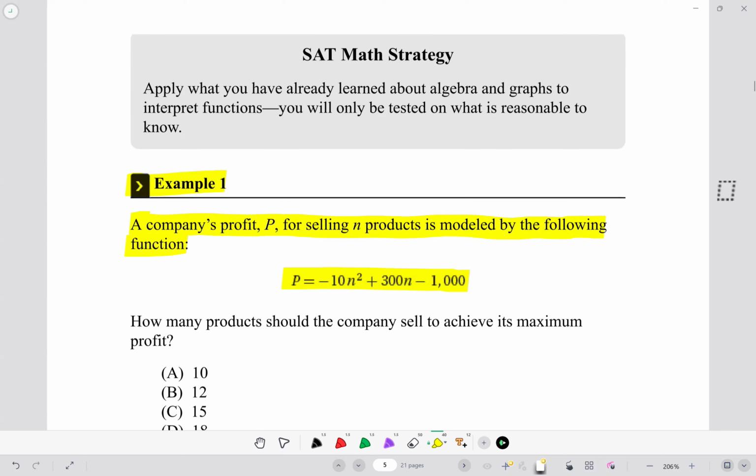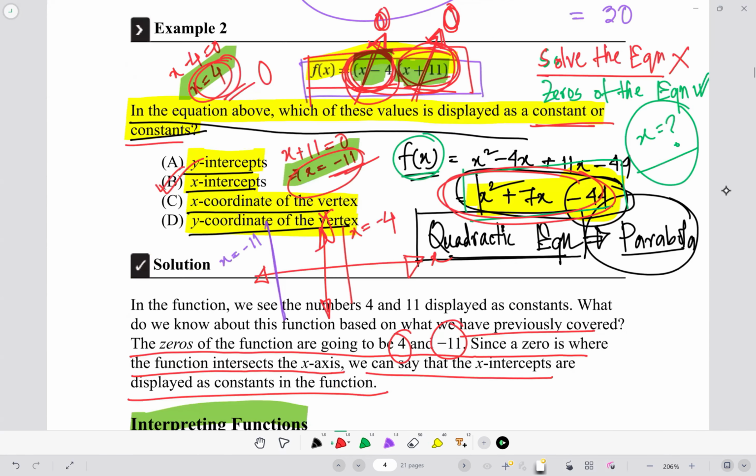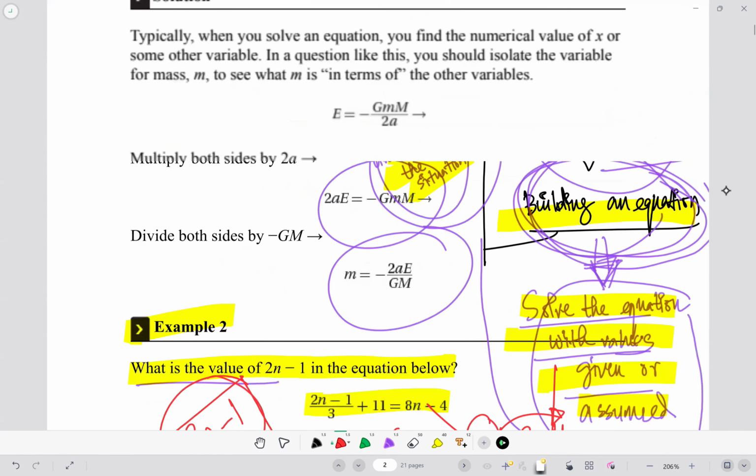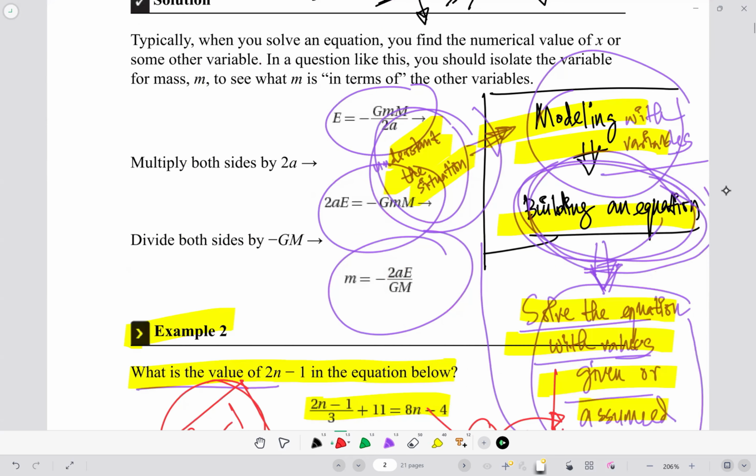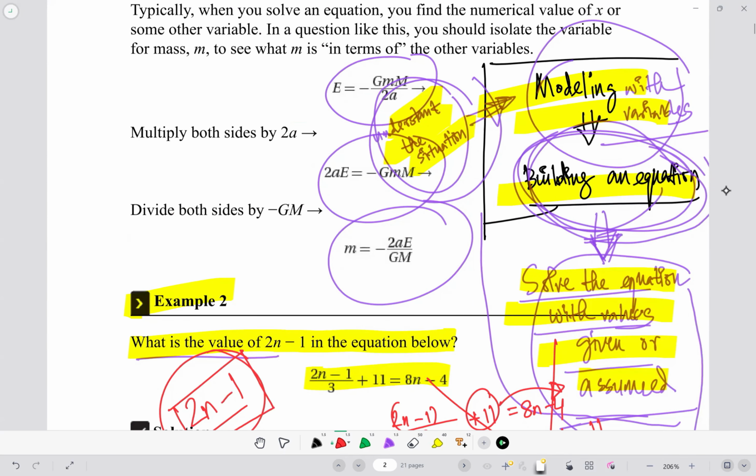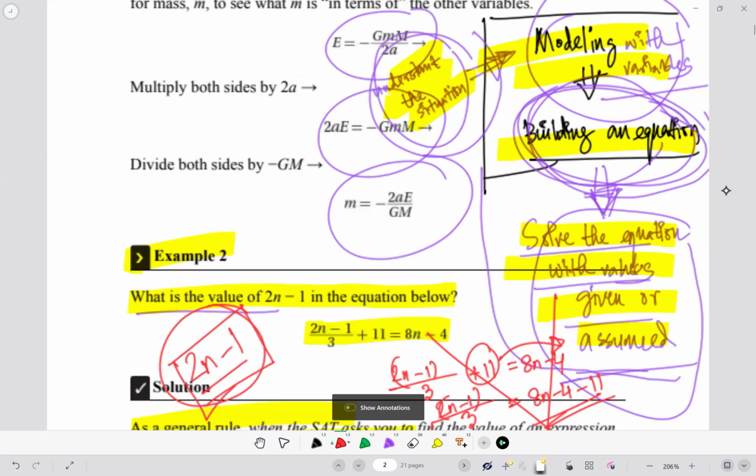A company's profit P for selling n products is modeled by the following function. Do you remember the situation we described? This is modeling with variables, building an equation, and solving the equation with given values or assumptions.